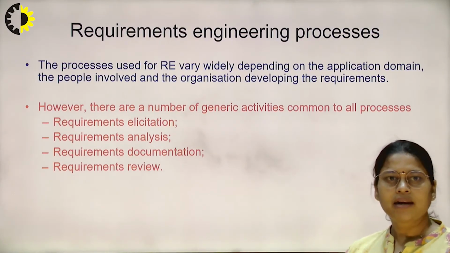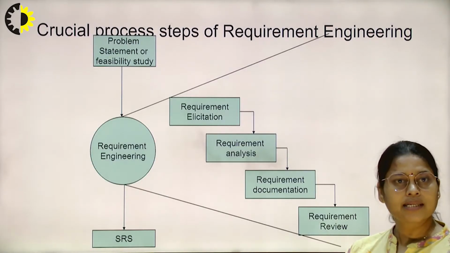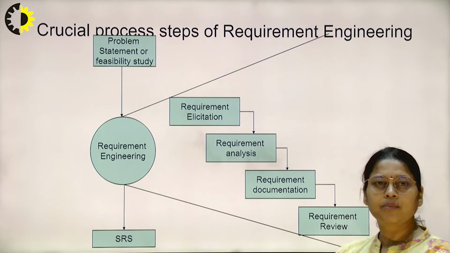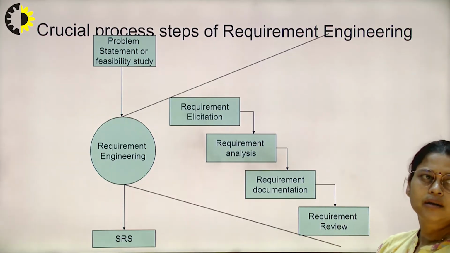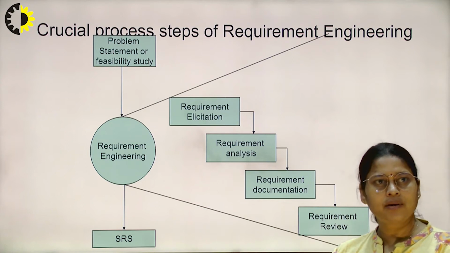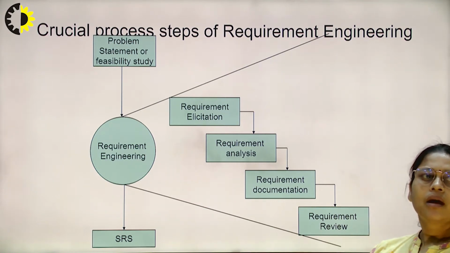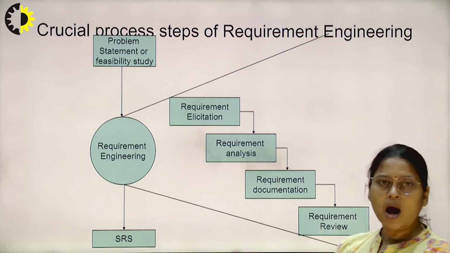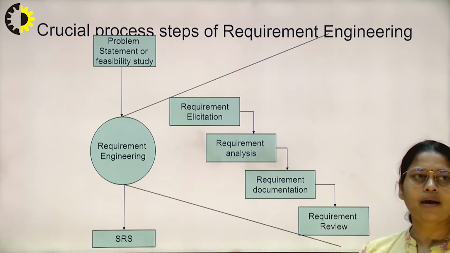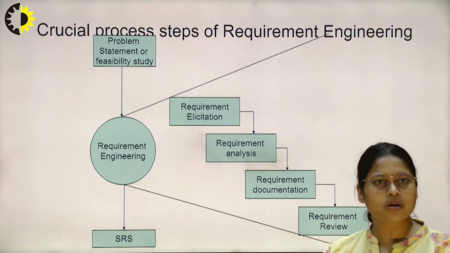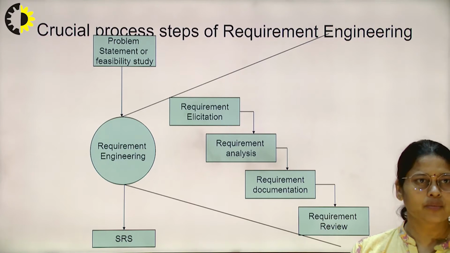These are the various phases of requirement engineering, as I have already discussed in my previous lecture. The problem statement and feasibility study are the input for requirement engineering, and SRS is the outcome of the requirement engineering process.